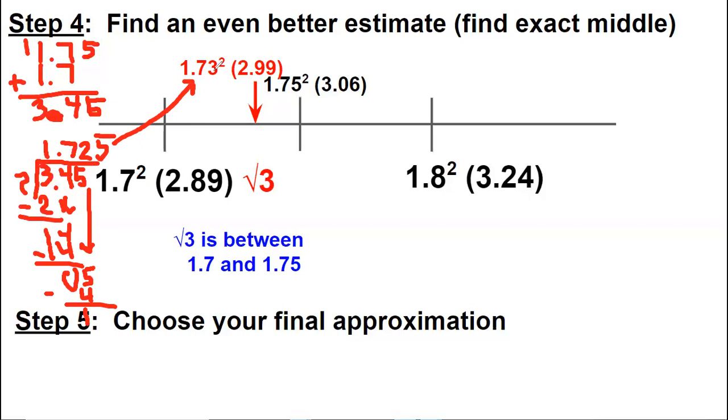So 1.73 squared will give me 2.99. That's almost 3. So that is very close.